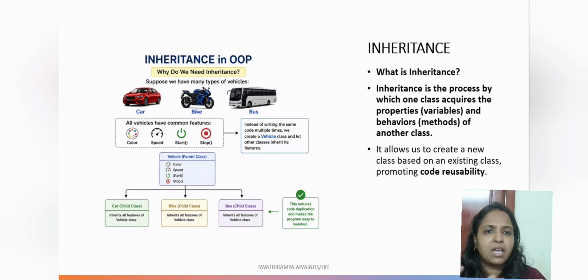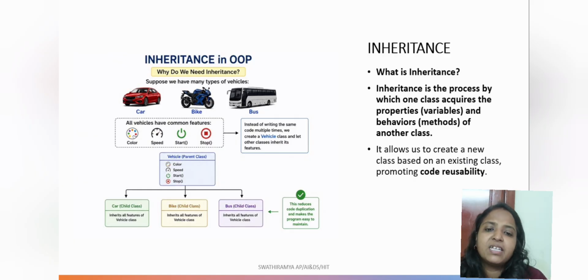Unique functions can be written separately in their own child classes. Common functions like starting, stopping and fuel level can be inherited from the parent class Vehicle. This way, once we have written the code in the parent class, we can reuse it whenever we need it in the child class. This is how inheritance works.